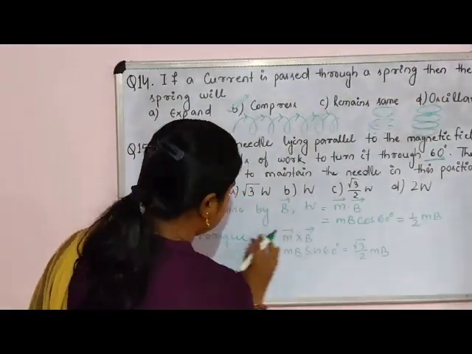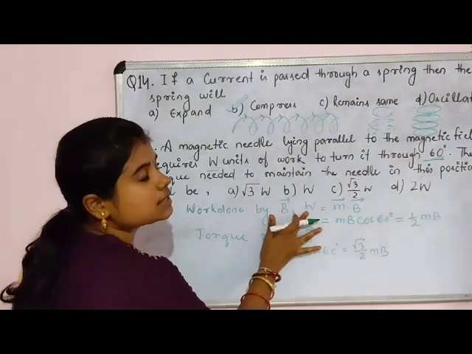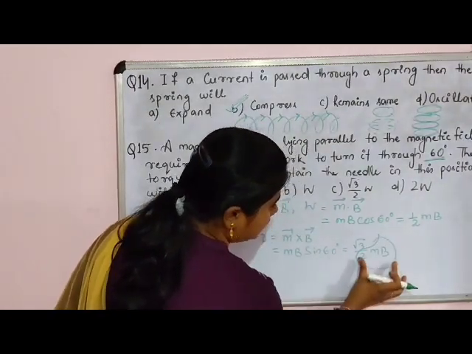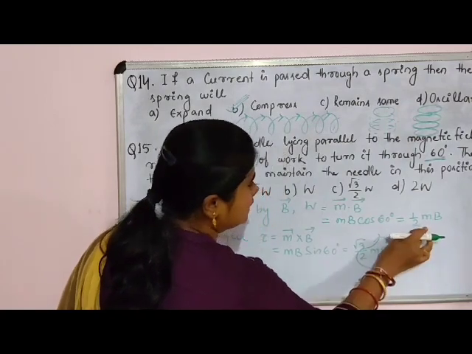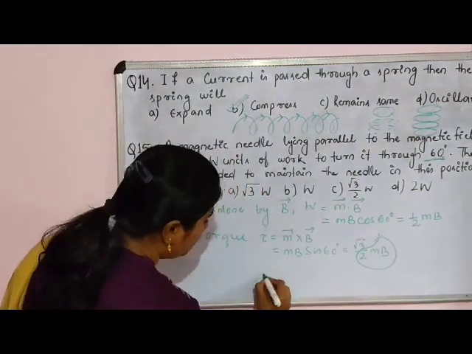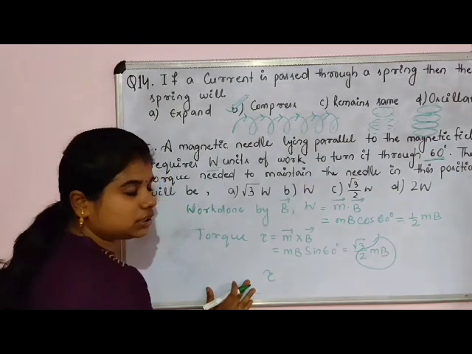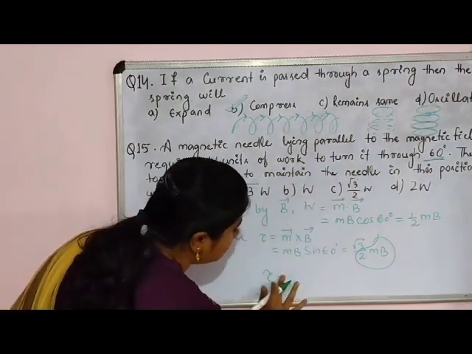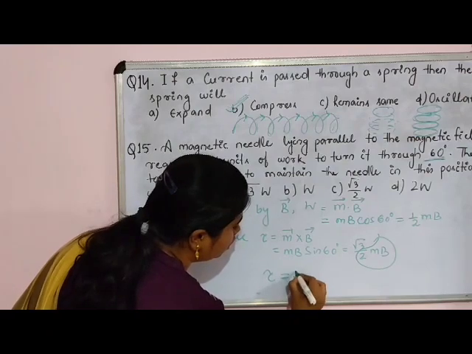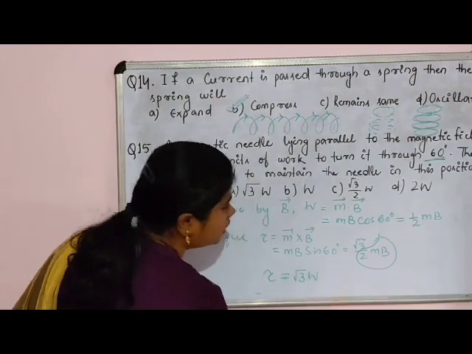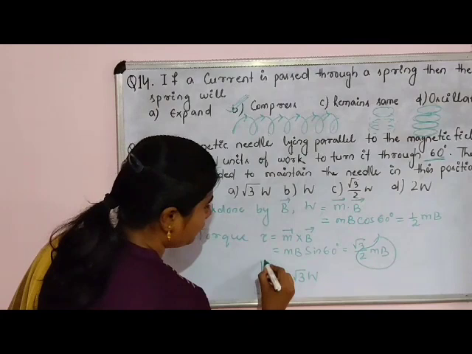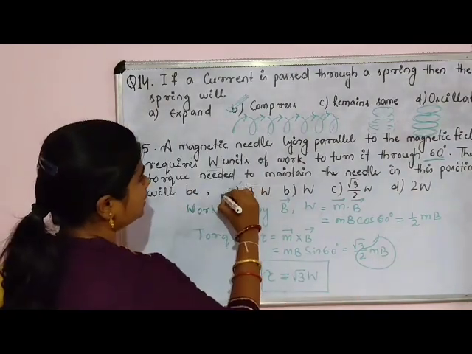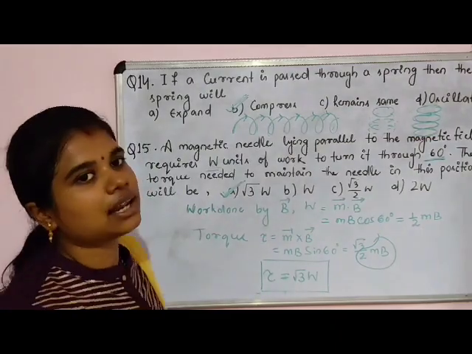Now you compare this torque with this work done. You can see this amount 1 by 2 MB is nothing but the work done. So we can write that the torque acting on the needle to maintain it in the same position will be equal to root 3 times the work done. Okay. So now this is the correct option or the correct answer to this question.